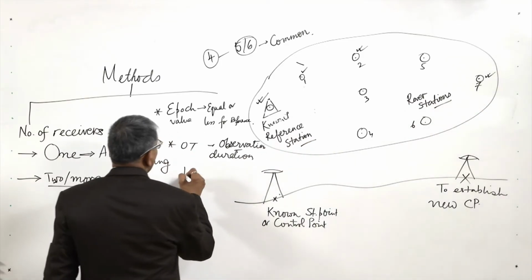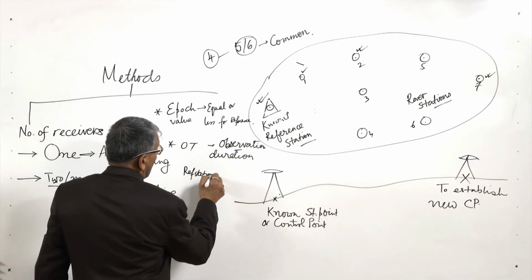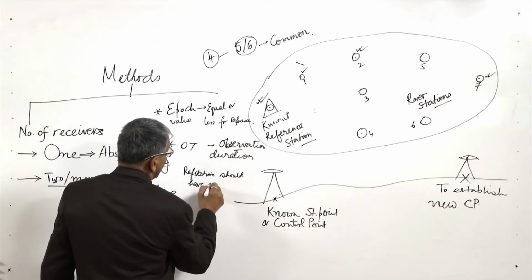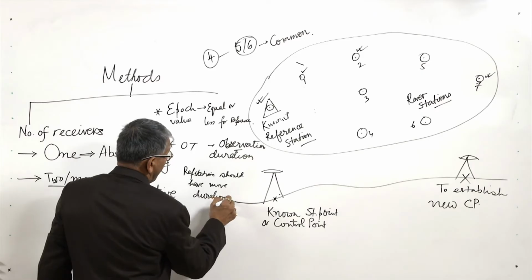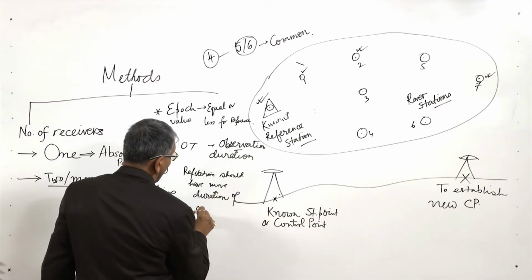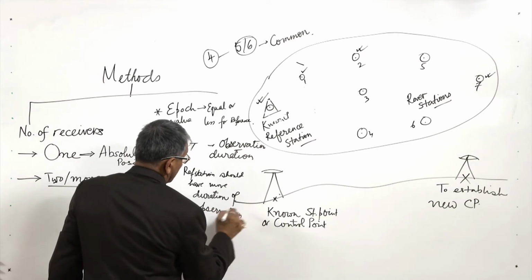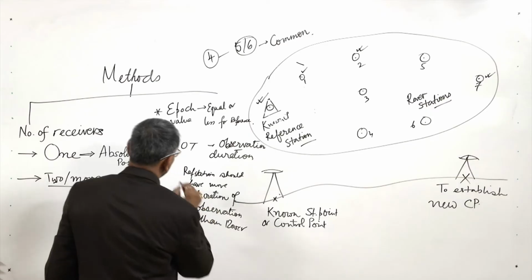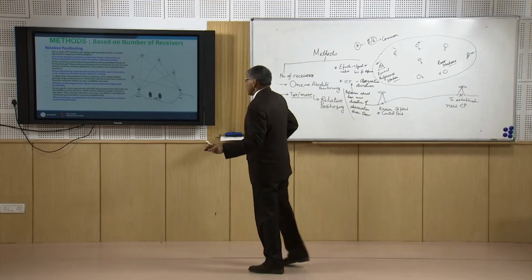So the reference station should have more observation duration than the rover stations or rover receiver. So this is also an important point.